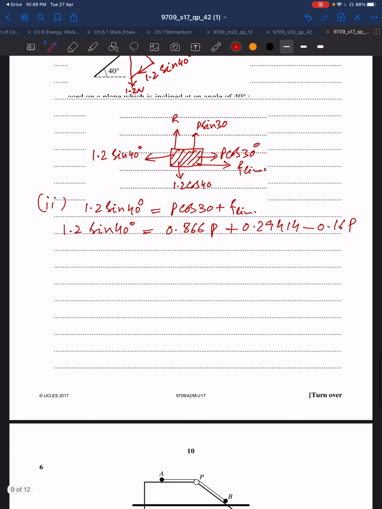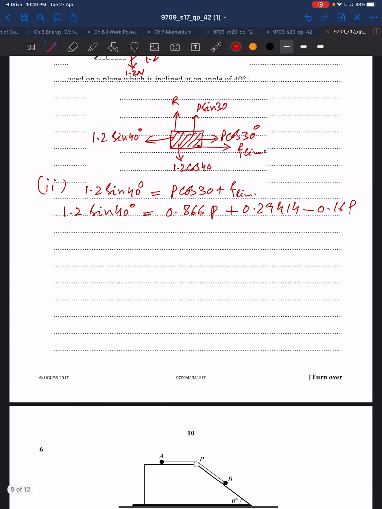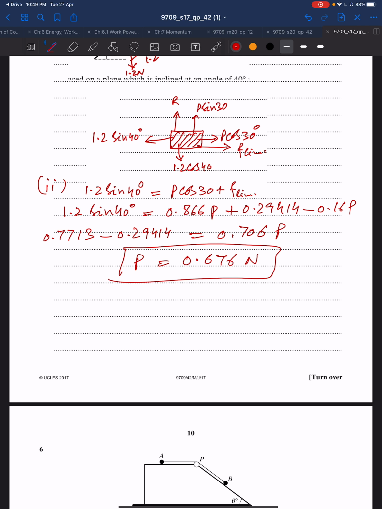So 1.2 into sine of 40 is 0.7713, and we'll bring 0.29414 to this side, and 0.866 minus 0.16 will be 0.706 P. P is equal to, if you divide it, 0.676 Newton, correct to three significant figures.